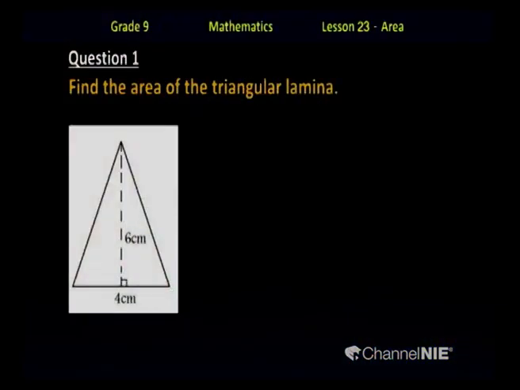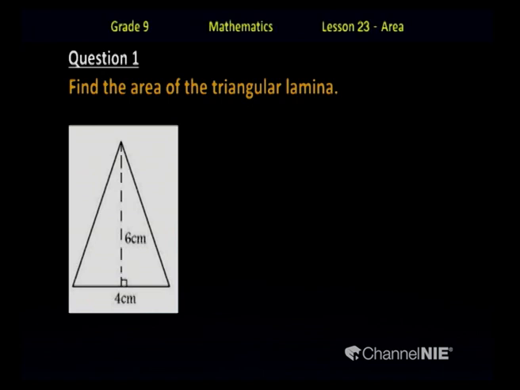Then here question number 1. Then try to get your answer. Find the area of the triangular lamina. Then in this diagram, base and corresponding perpendicular height is given. Base is 4.